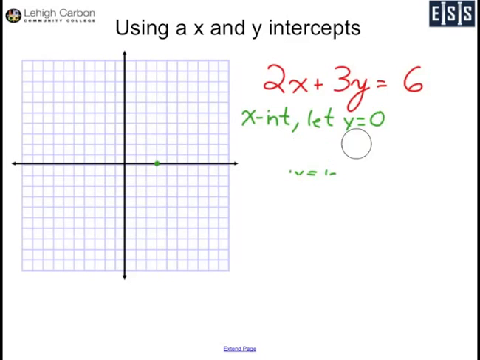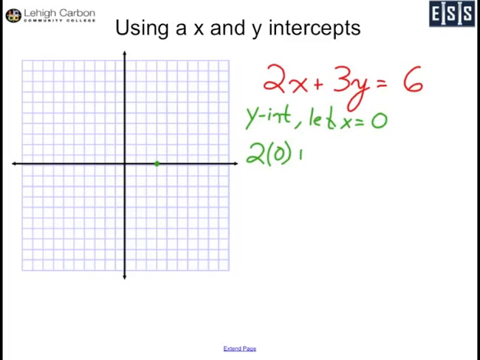So now I need to find my y-intercept. To find the y-intercept, let x be 0. So 2 times 0 plus 3y equals 6. 2 times 0 is 0.